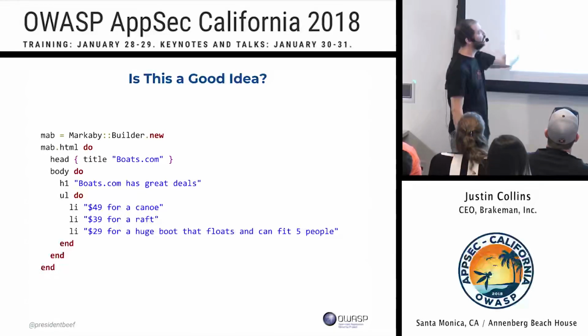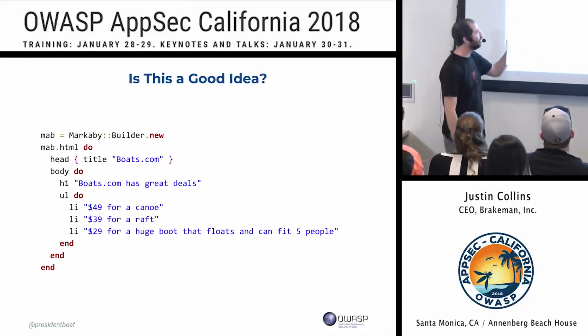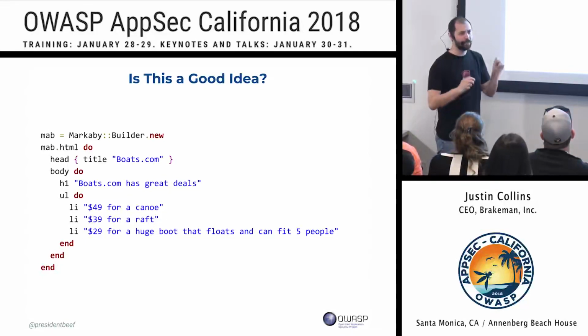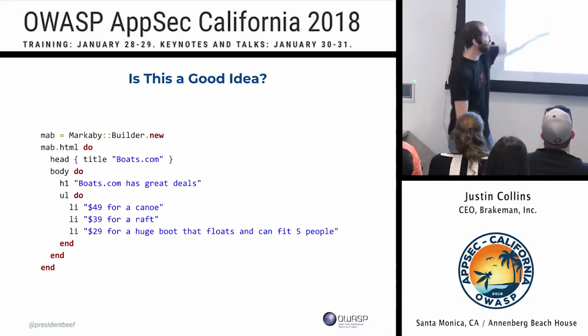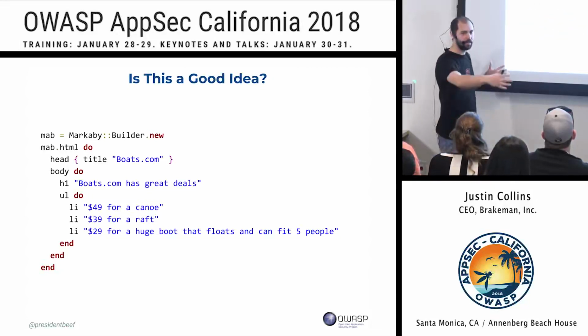Anyways, he had this library, and I don't know that this is a great idea. It didn't really catch on, and it's very heavy. But the idea is, I'm composing HTML, but I'm not working with strings. I have data values, and I have method calls that I'm making, and then that will generate the HTML for me.